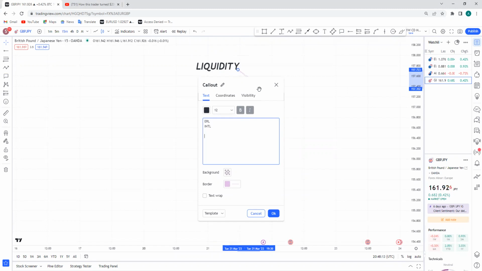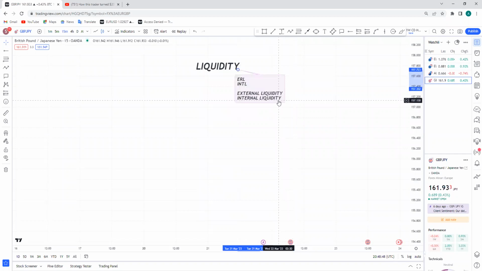It is known as external liquidity and internal liquidity.